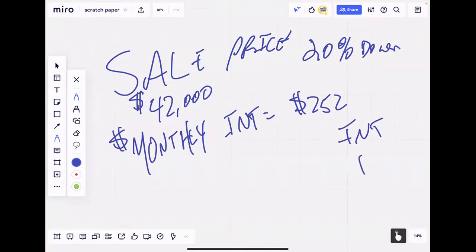Okay. So what is your first step here? There's a couple ways that you could tackle this. Would you need to figure out what the down payment was?